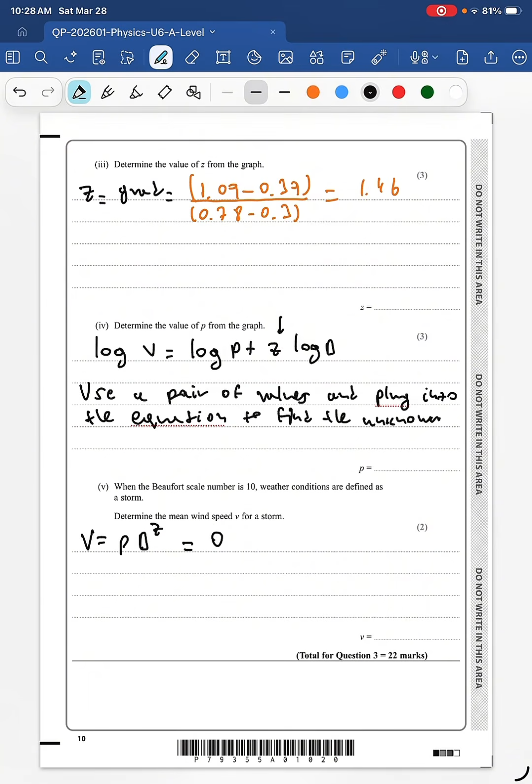So p is 0.9, b is 10, z is 1.46, which yields 25.82 meters per second. And this was question 3, worth 22 marks. That's a lot, but I think it's straightforward.